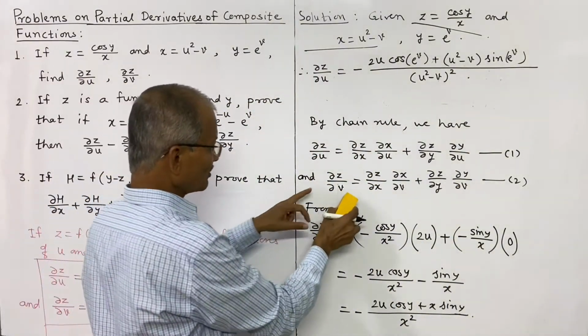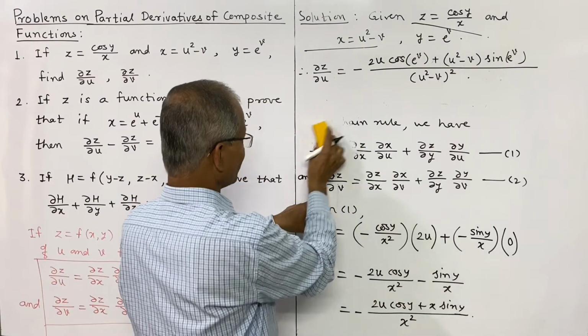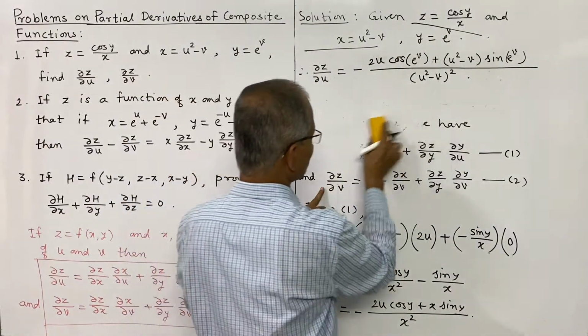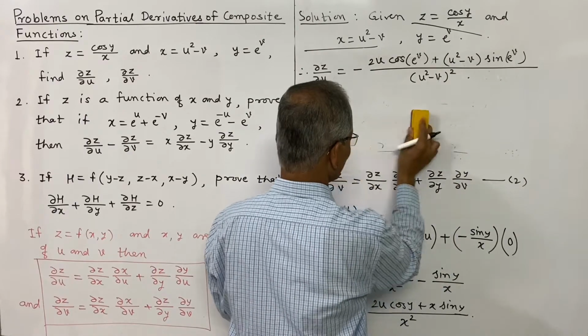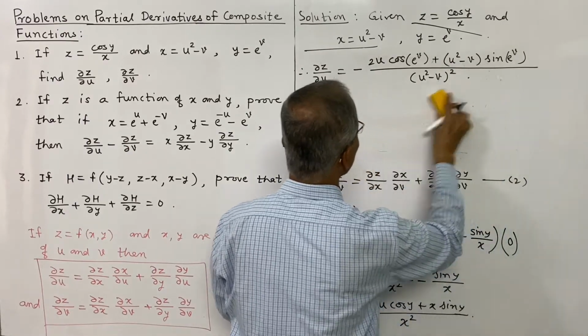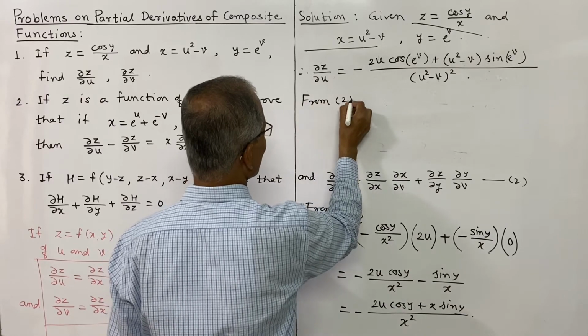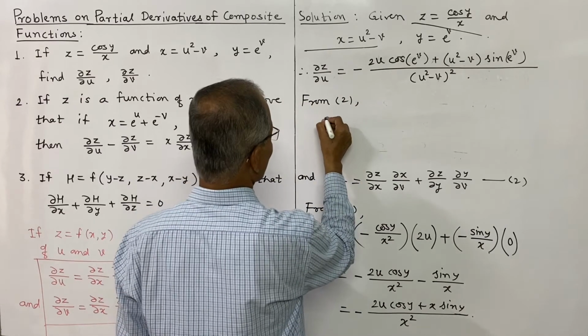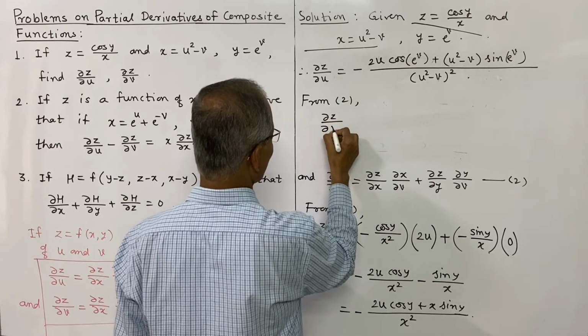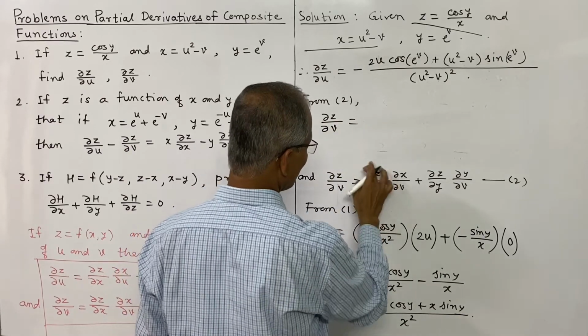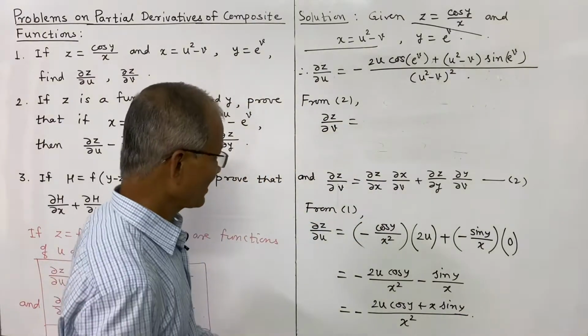Now we shall find out dou z by dou v from 2. From 2, dou z by dou v is equal to, see, dou z by dou x, it remains the same as earlier.